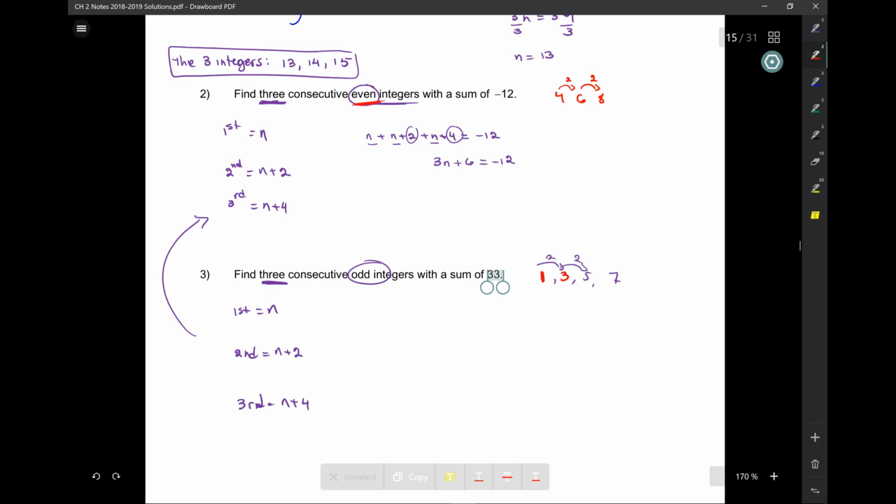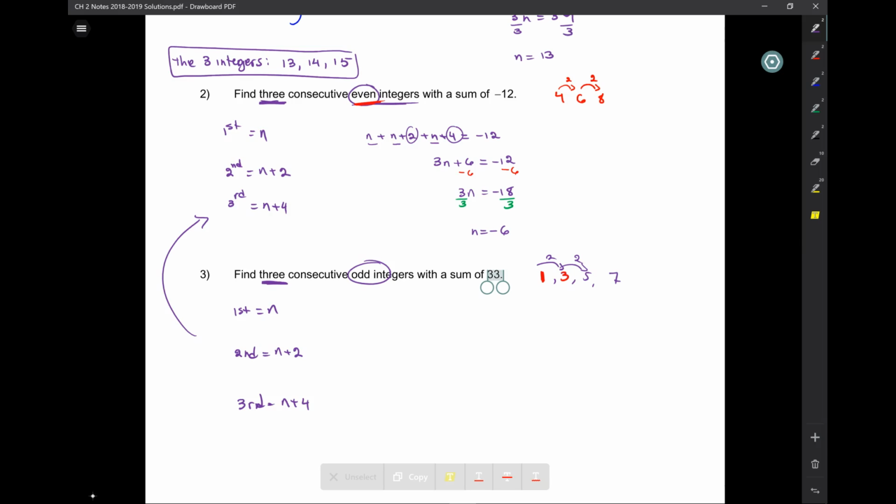Now, somebody help me out here. If I subtract 6, what am I going to get? Negative 18. Thank you. Now, when I divide, n equals negative 6. And most of you got negative 6.